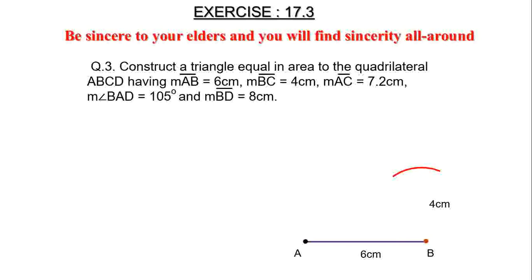A 7.2 cm radius arc is drawn from A, intersecting the previous arc at point C. Join B and A to C. Afterwards we are having measure angle BAD 105 degrees.